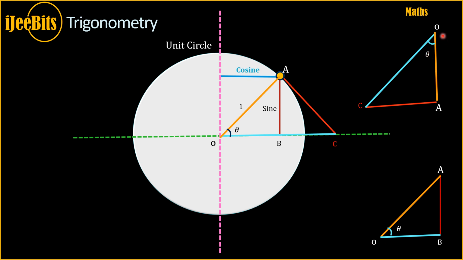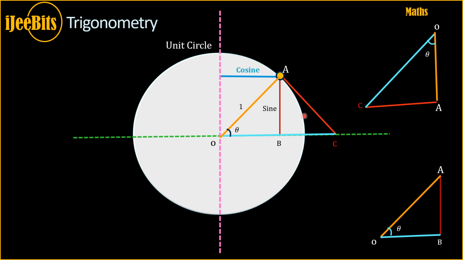OA is adjacent in this case, OC is the hypotenuse, and AC is opposite. Similarly, with respect to the angle, OB is the adjacent side, the base, AB is opposite, and OA is the hypotenuse. This is the minimum basic identification that is required.